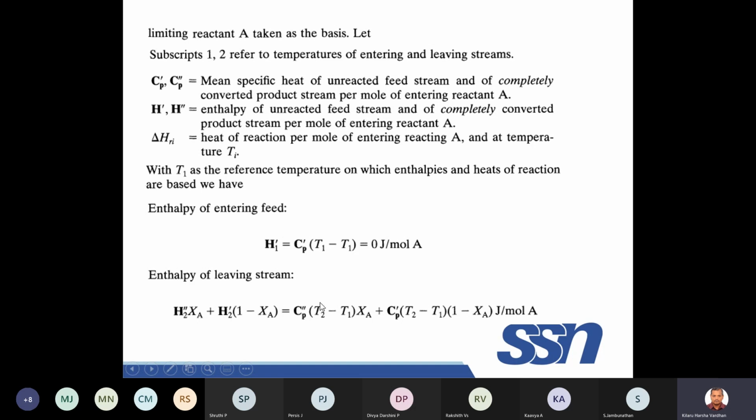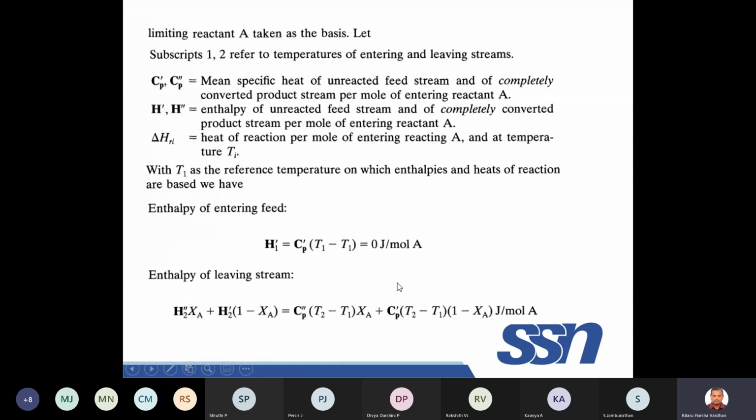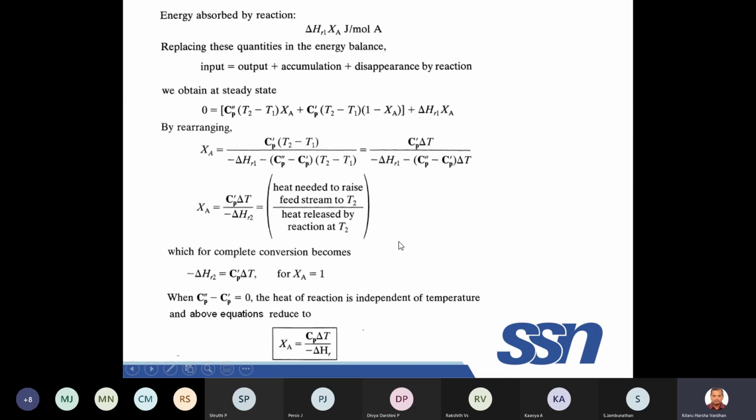So if you put the same Cp dT, then the energy absorbed will be equal to the heat of the reaction times the conversion, right? All of these will have units of joules per mole. So if you substitute in this equation, input is 0, accumulation is not there.